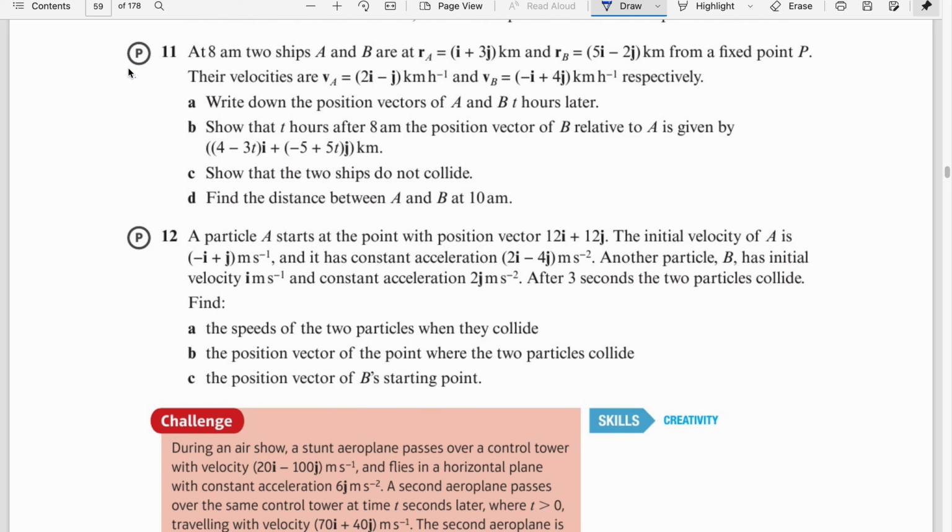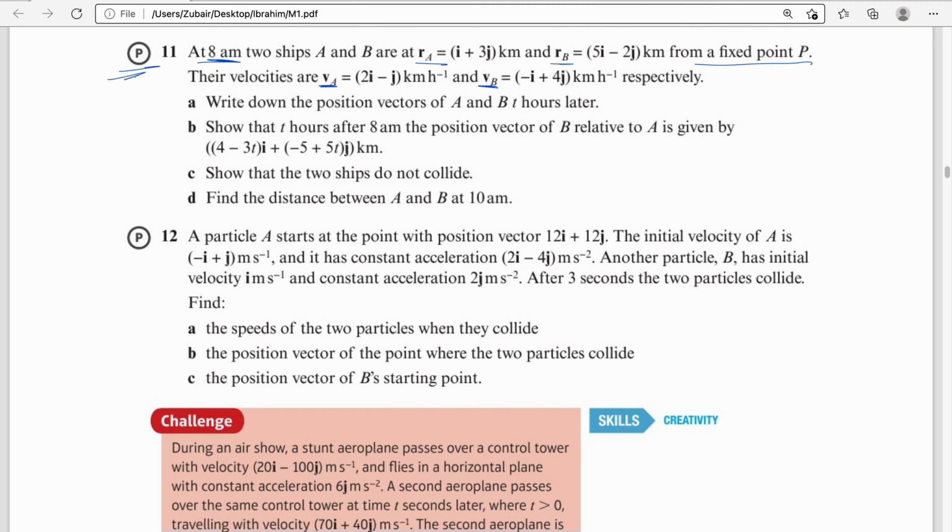Question number 11. At 8 a.m., two ships A and B are at positions rA and rB, given as position vectors from a fixed point P. Their velocities are vA and vB respectively. Write down the position vectors of A and B t hours later.